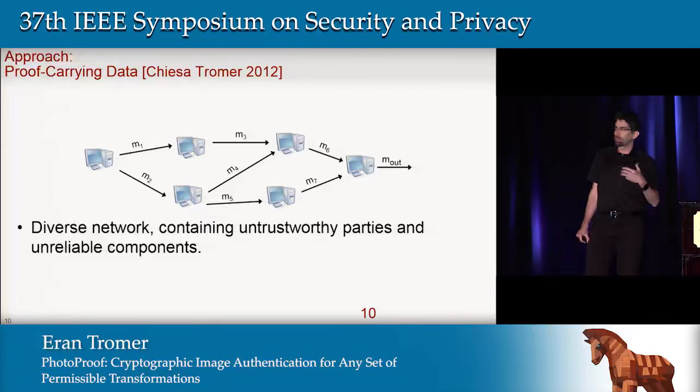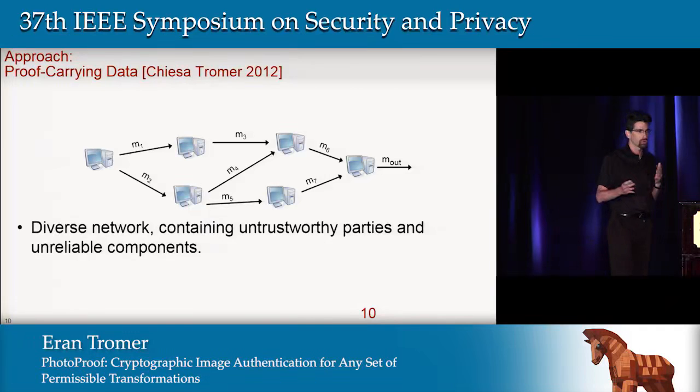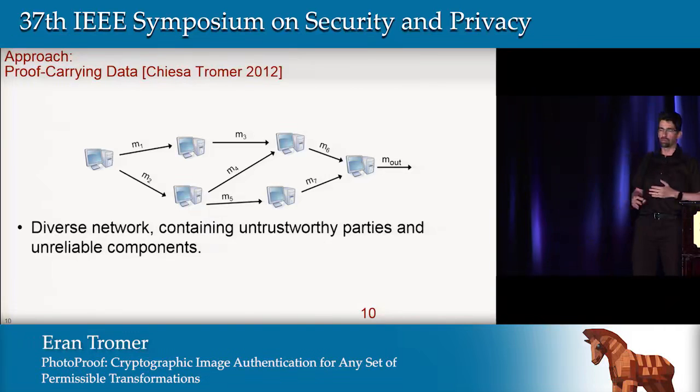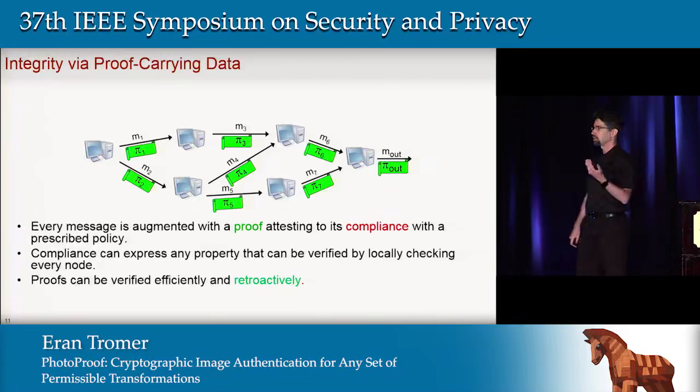And the idea in proof-carrying data, taken abstractly, is that we have some computation, a distributed computation consisting of numerous parties, none of which trusts any other. And they would like to ensure that some property of integrity is preserved throughout the computation. They would like to ensure that the computation is compliant with some policy.